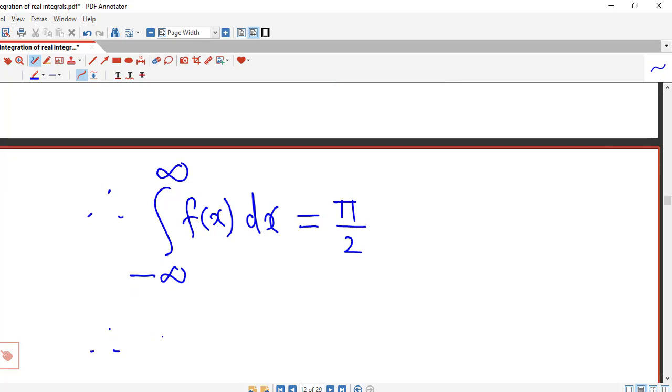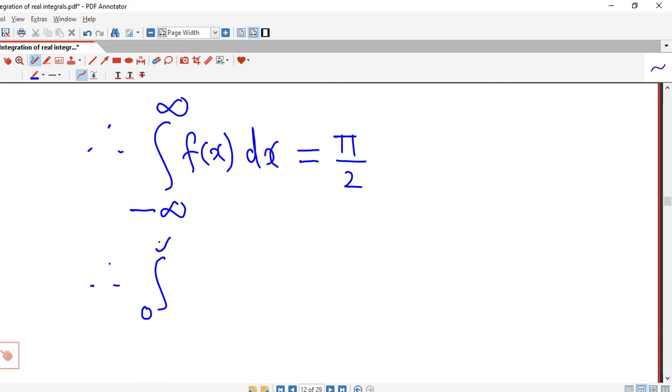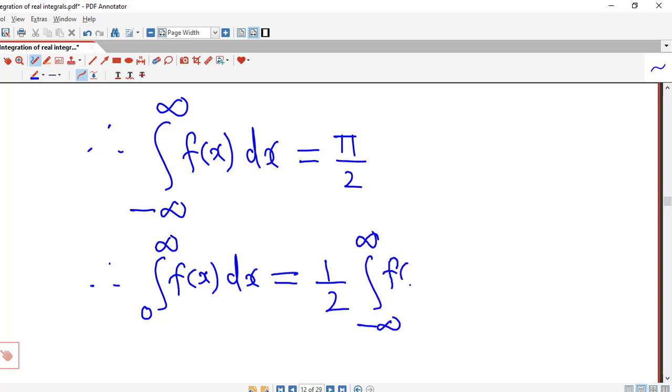And we are asked to find the value of the integral from 0 to infinity of f(x) dx. This is equal to 1/2 times the integral from minus infinity to infinity of f(x) dx, because f(x) is an even function and this integral is convergent. So it is 1/2 times pi by 2, that is pi by 4.